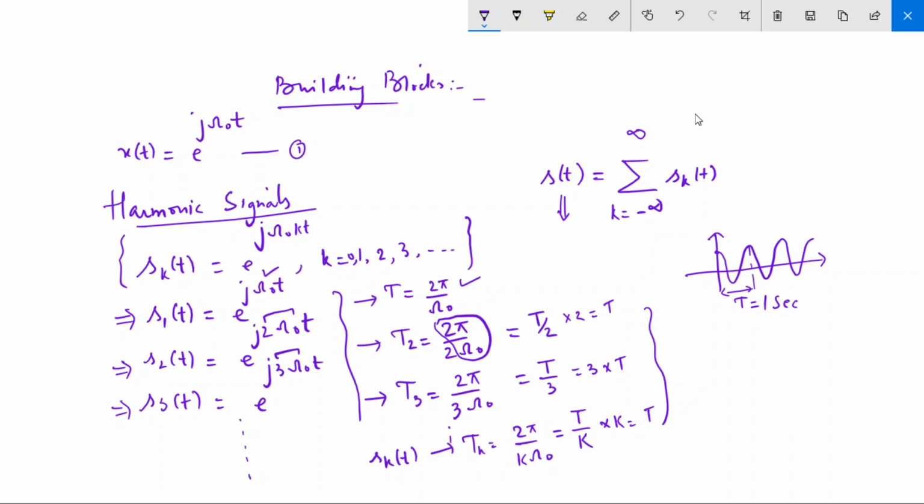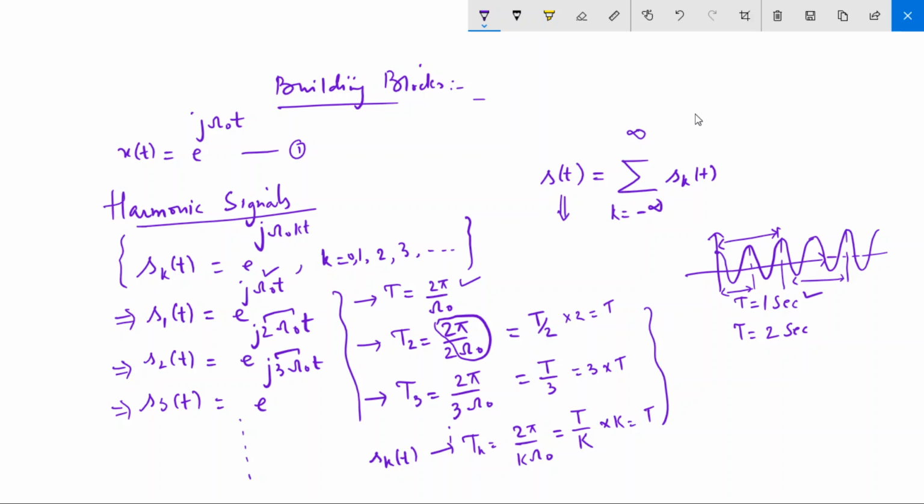If this signal has a time period of T, you can also say that this signal has a time period of 2 seconds, meaning in place of taking one cycle, I take 2 cycles at a time. If I take this as one cycle, one time period, the next 2 cycles will also be similar to this cycle. So if the signal repeats after 1 second, you can also say that it repeats after 2 seconds, it repeats after 3 seconds, and so on.